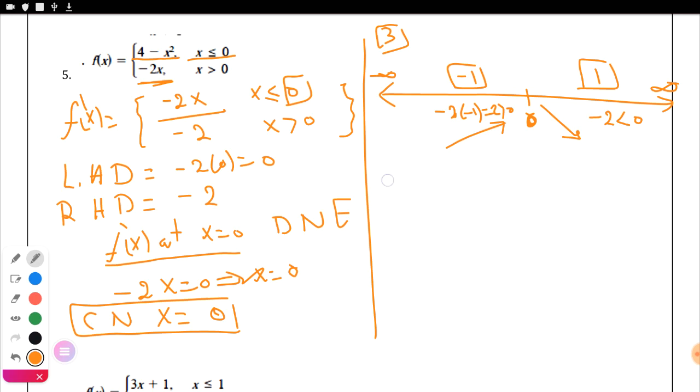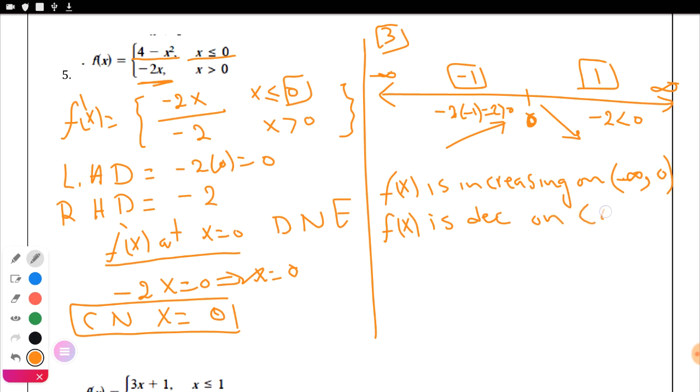In this case, f(x) is increasing on the interval negative infinity to 0, all of this under the head of question 3. f(x) is decreasing on the interval 0 to infinity.